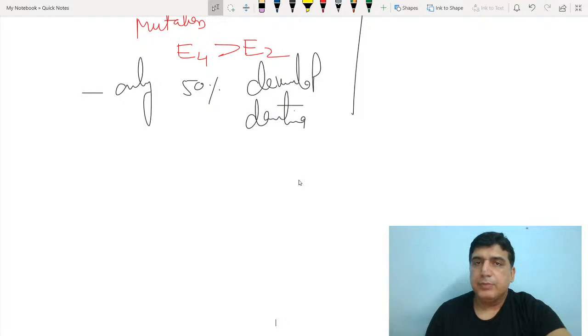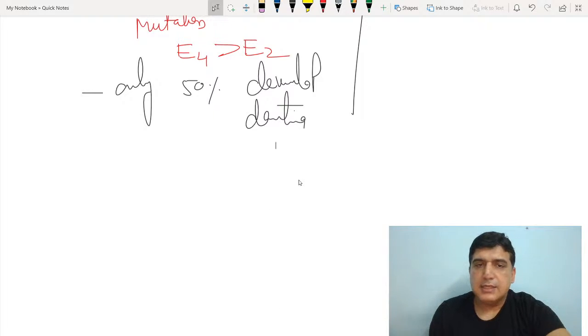But actually you have to go in depth. That's why we always say PG is about depth, PG is about concept. Even after mutation of the ApoE gene, only 50% of patients develop dementia, 50% do not. So you can conclude that ApoE gene mutation is neither sufficient nor necessary for development of late onset familial dementia.